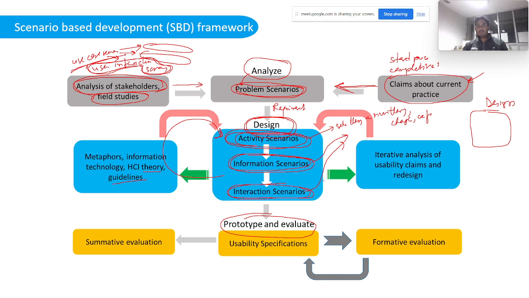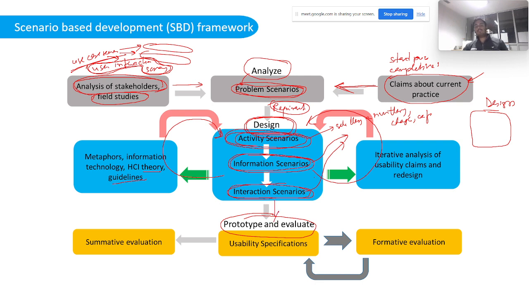Or you define a set of usability goals based on your requirements, and you iterate your design based on those usability claims. Once you achieve all these things in an optimal way, you move to the prototyping phase.